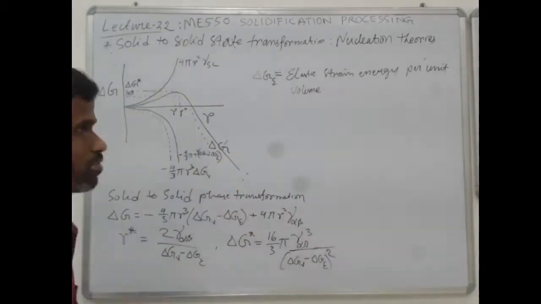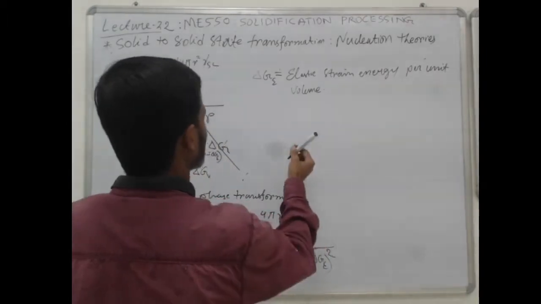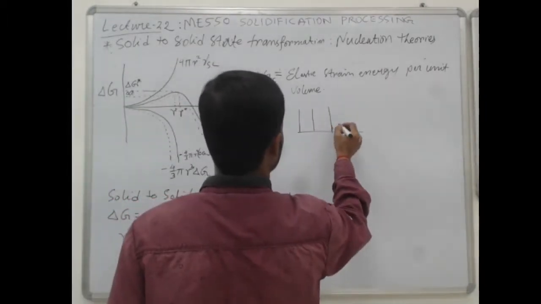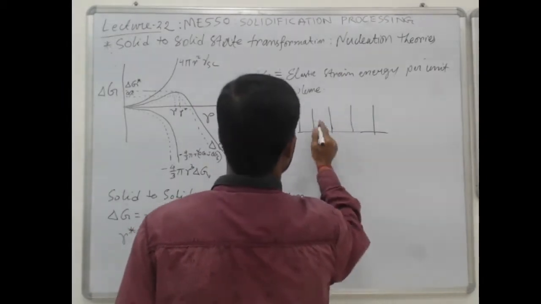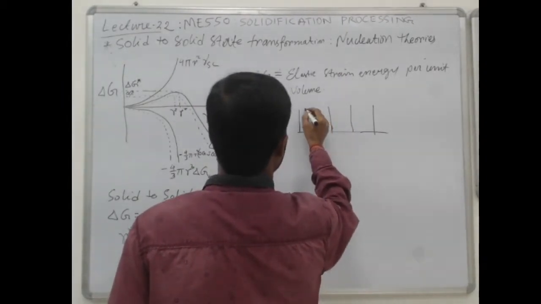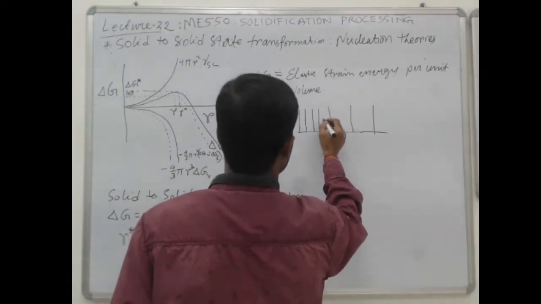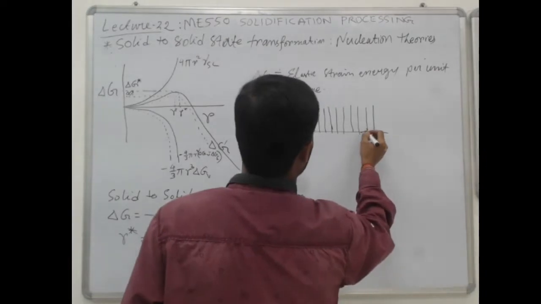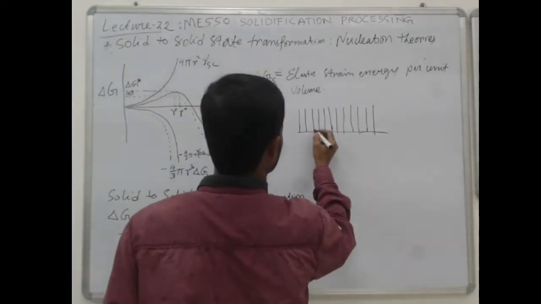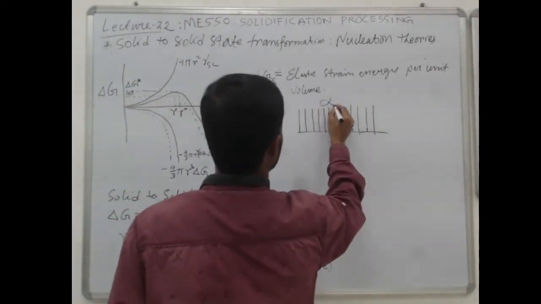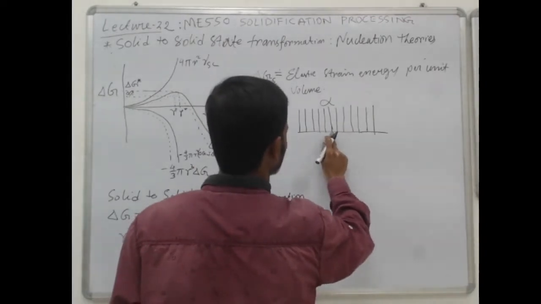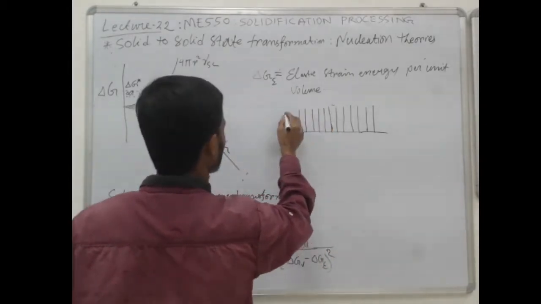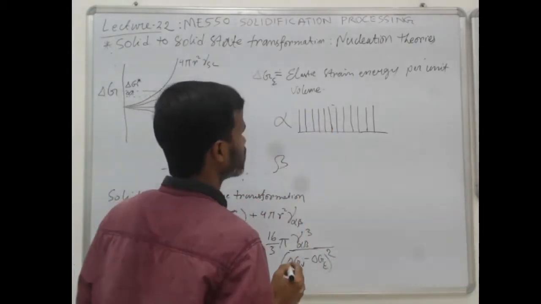But now the question is, suppose this is the crystal structure of the alpha phase. And in the bottom, what is shown here is just the boundary. So above you have the alpha phase, below you have the beta phase.